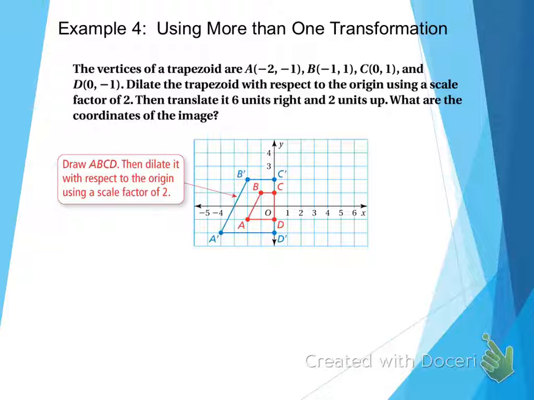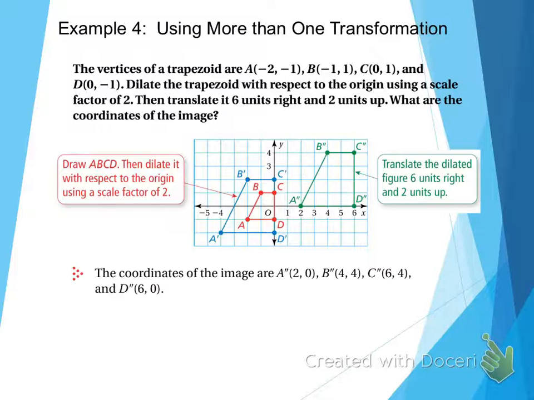And you're going to go 1, 2, 3, 4, 5, 6. You're counting how many boxes, and then up 2, and you're going to put that new point. That's all you have to do, and you're going to do that with all 4 points. When you do that, you end up with this new shape right here that's in the green.